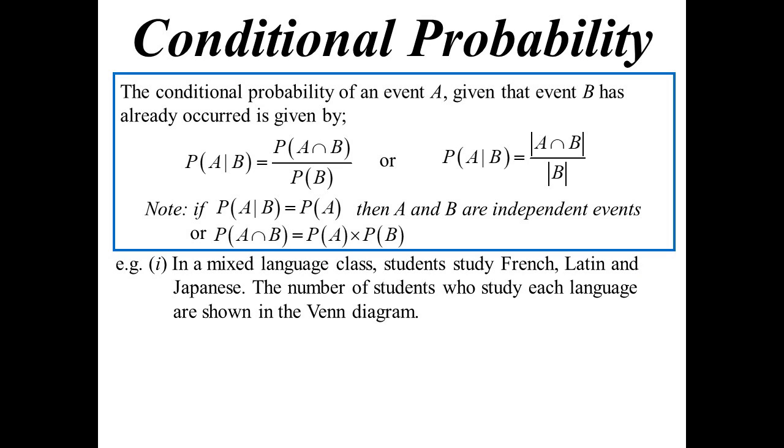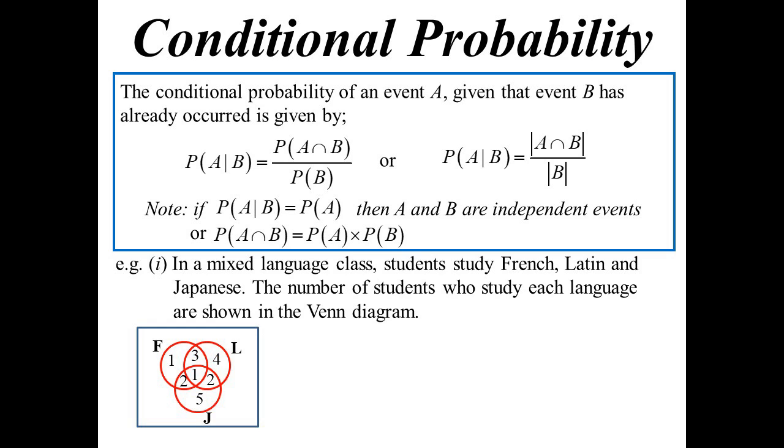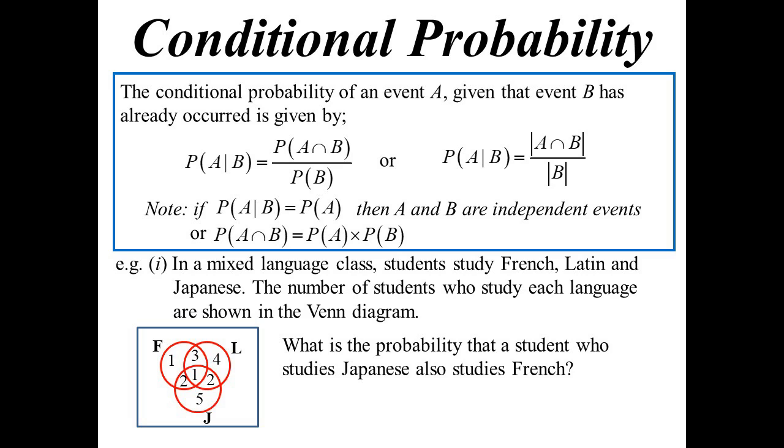So we've got a mixed language class, just like when we were back in year 7. We've got students that are studying French, Latin and Japanese. And so there's our Venn diagram illustrating how many are doing what. What's the probability that a student who studies Japanese also studies French? Well, when I've got the diagram, have a look at what we said.